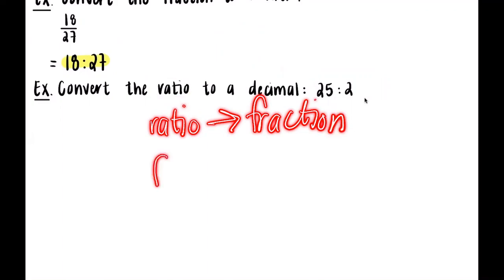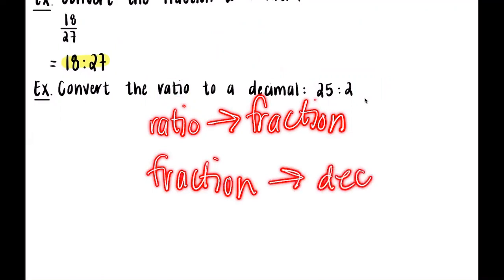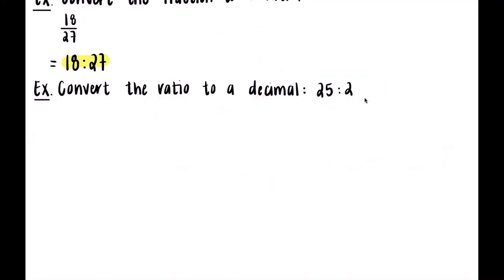Then I know how to do a fraction to a decimal. Those are the middle steps you need to think of. Sometimes you have to be careful and think, if I can't go straight through, what do I need? In this case, you need a fraction to help you out. So 25 colon 2, or 25 to 2, is equal to 25 over 2.